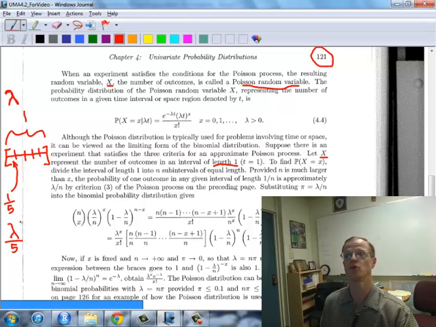So what we're going to do then is take the binomial probability distribution, which we know is n choose x times pi to the x times 1 minus pi to the n minus x, where x is the number of successes in n trials, and pi is the probability of success in each trial.